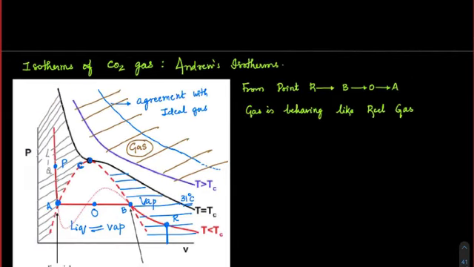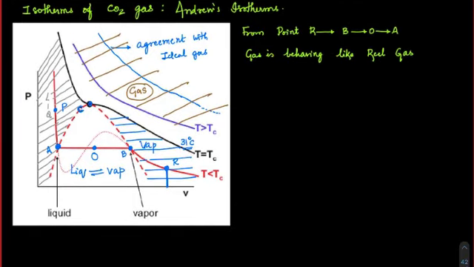So it has more real gas behavior. So if it has more real gas behavior, I would definitely say that (P plus a n square by V square) into (V minus nb) is equal to nRT is applicable. It is applicable, correct? So at this point it is applicable.